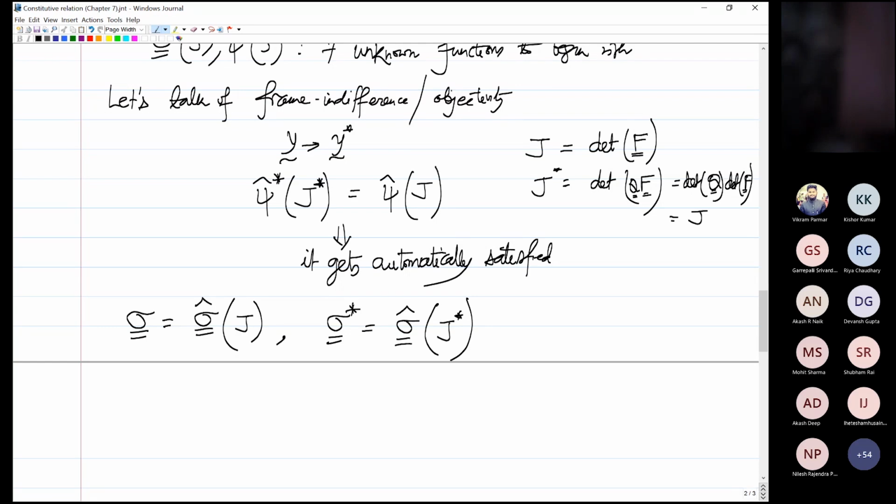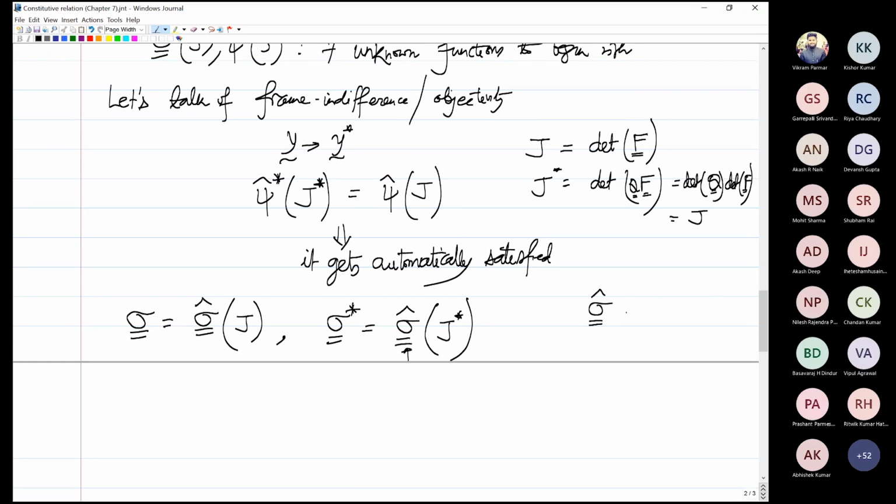So the hat function is the same. The function sigma hat is the same as sigma hat star. We have chosen it the same because the function has to hold for all motions. So it is irrespective of objectivity. That doesn't mean that we have employed objectivity.